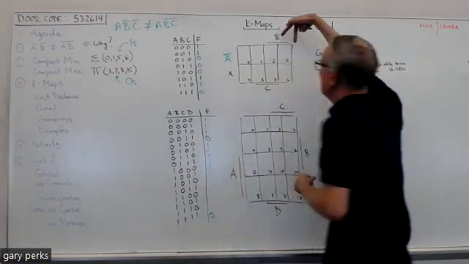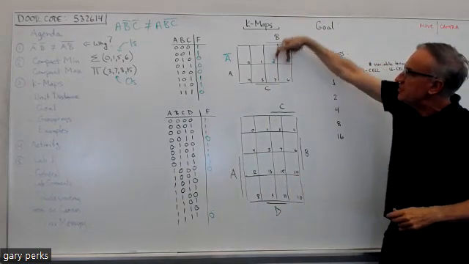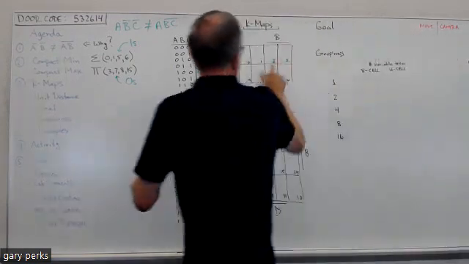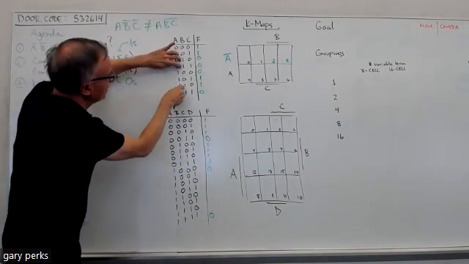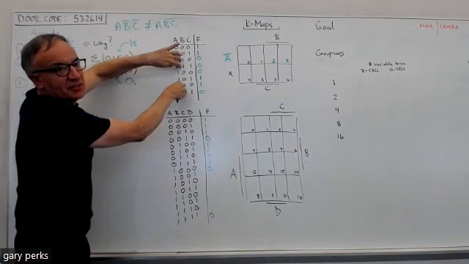The reason you see B in this line here means that B is these 2 columns. And the reason you see a B there is because if you look at 2, 3, 6, and 7, that's where B equals 1.